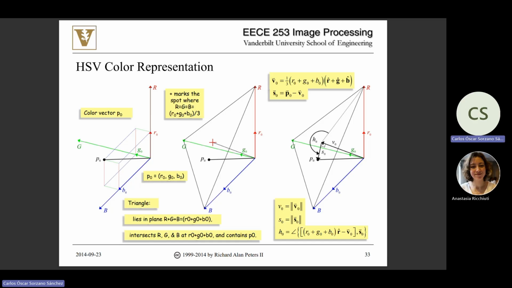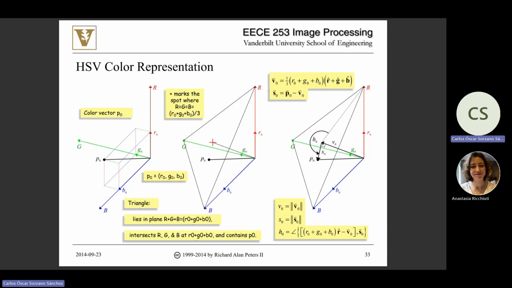That something is not the value, but the sum of your R, G, and B. So this point is R plus G plus B times the red unit vector. This vector is this one minus this one. Then I have to tell you the angle between S0, that is this one, and this vector. If I tell you these three numbers, I can tell you the color.